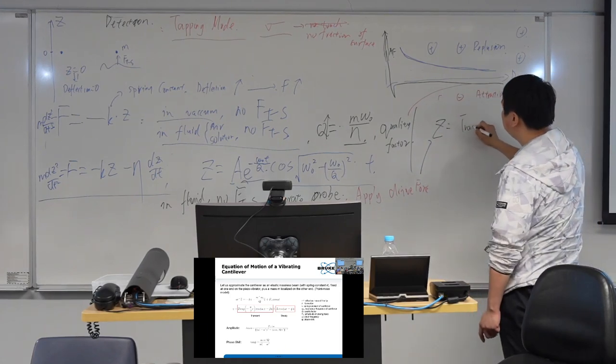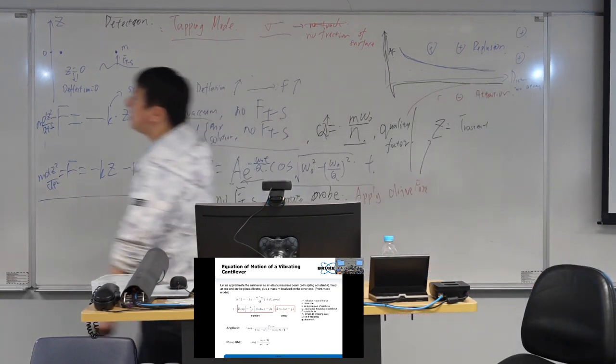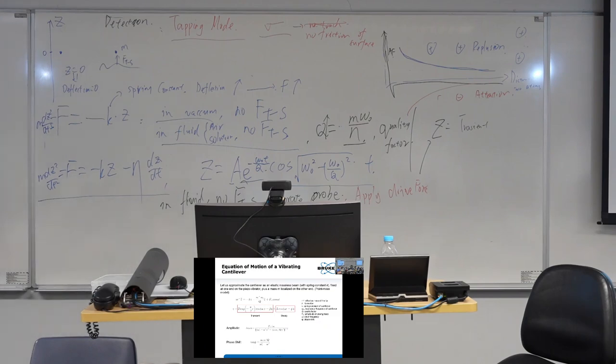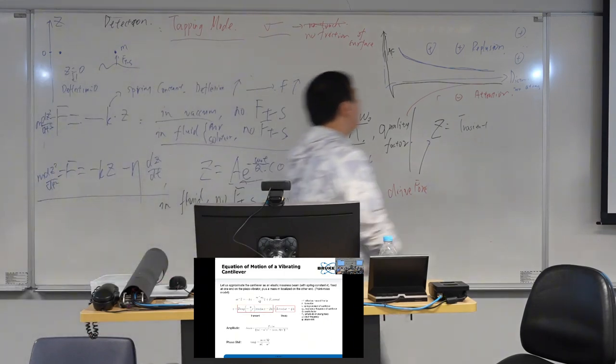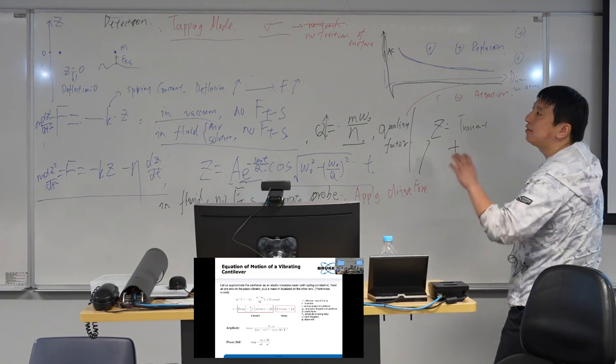One is transient. We don't look at it because the amplitude will reduce against time. So this one will reduce in a short time, and only the steady one stays. So we have a transient plus a steady solution.